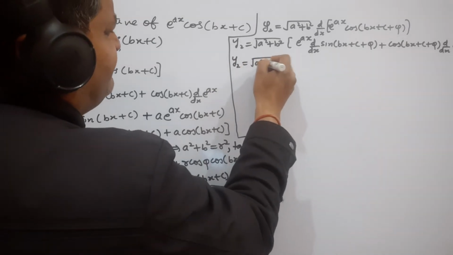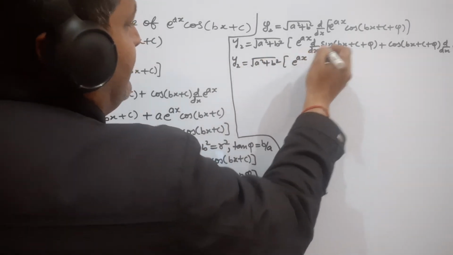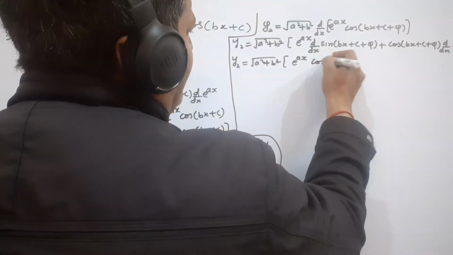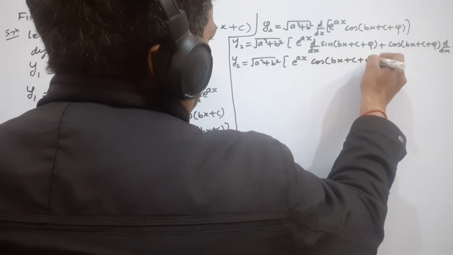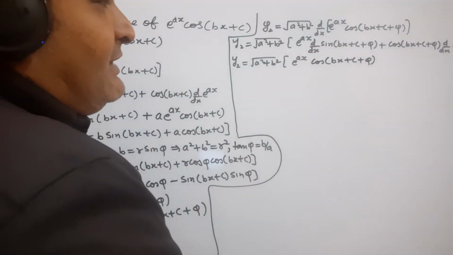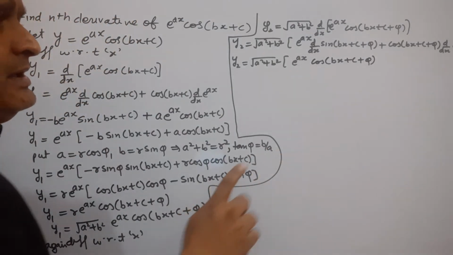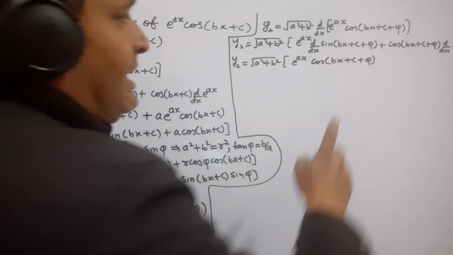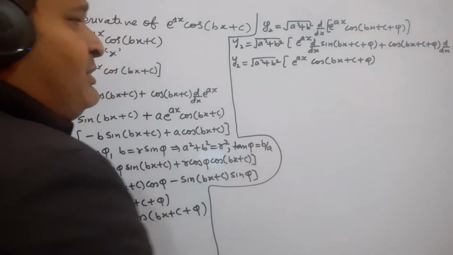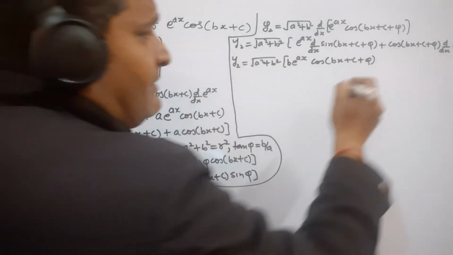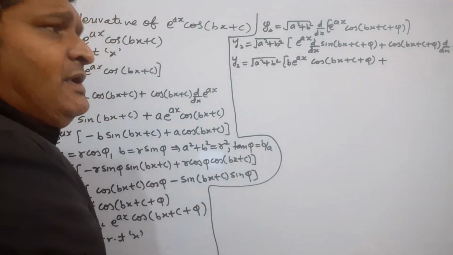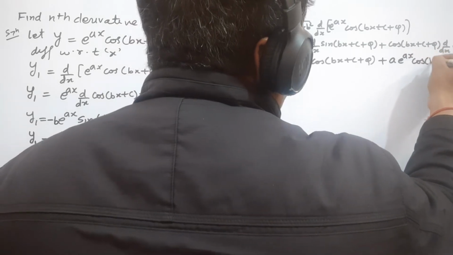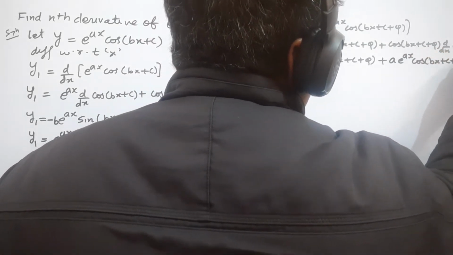We know that the differentiation of sin(bx + c + phi) is cos(bx + c + phi), and the differentiation of bx + c + phi: here c and phi both are constants, so their differentiation is 0, and the differentiation of bx is b, because the differentiation of x is 1. Similarly, the differentiation of e to the power ax can be written as a multiplied by e to the power ax and cos(bx + c + phi).